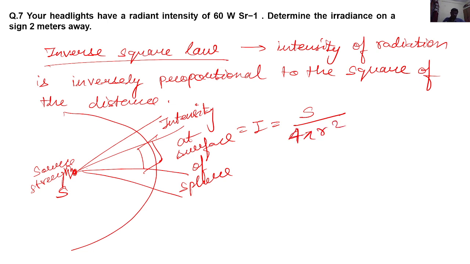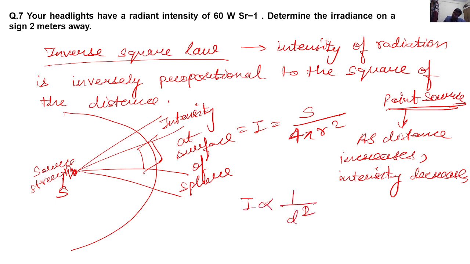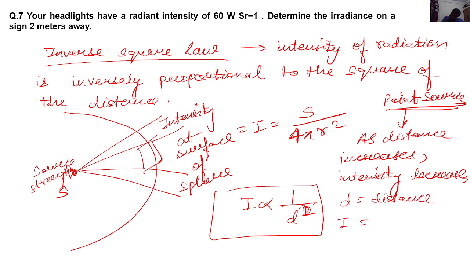So it follows that for a point source, as distance increases, intensity decreases, or I is 1 by d to power 2, where d is the distance and I is the radiation intensity.